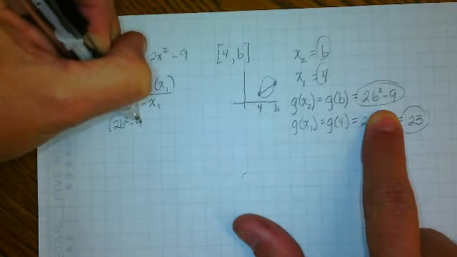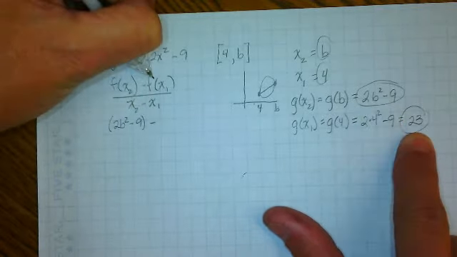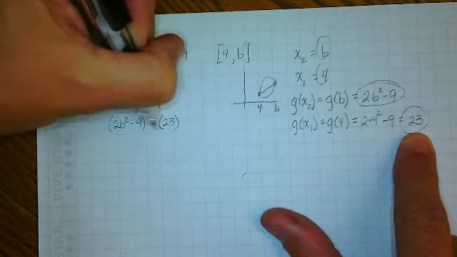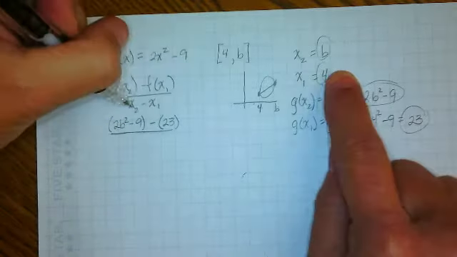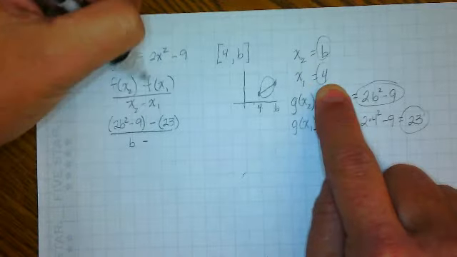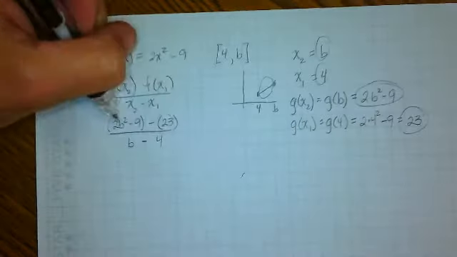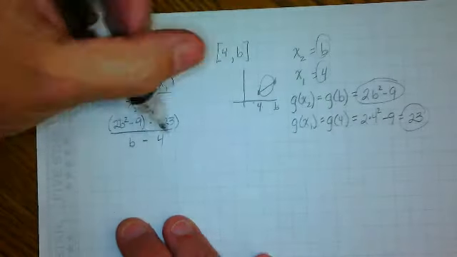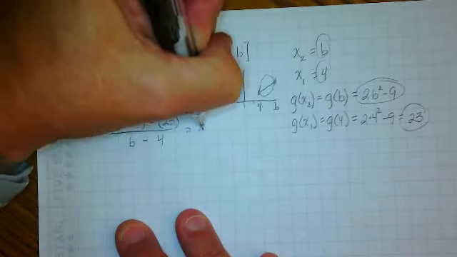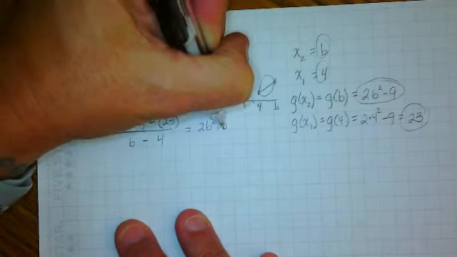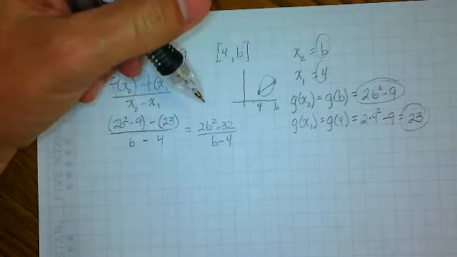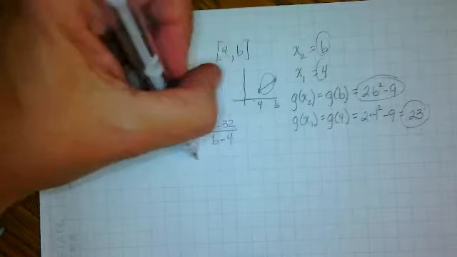So g of x2 is 2b squared minus 9, minus g of x1, which is 23, over x2, which is b, minus x1, 4. So there's the four components. Simplify. You get 2b squared minus 32 over b minus 4.